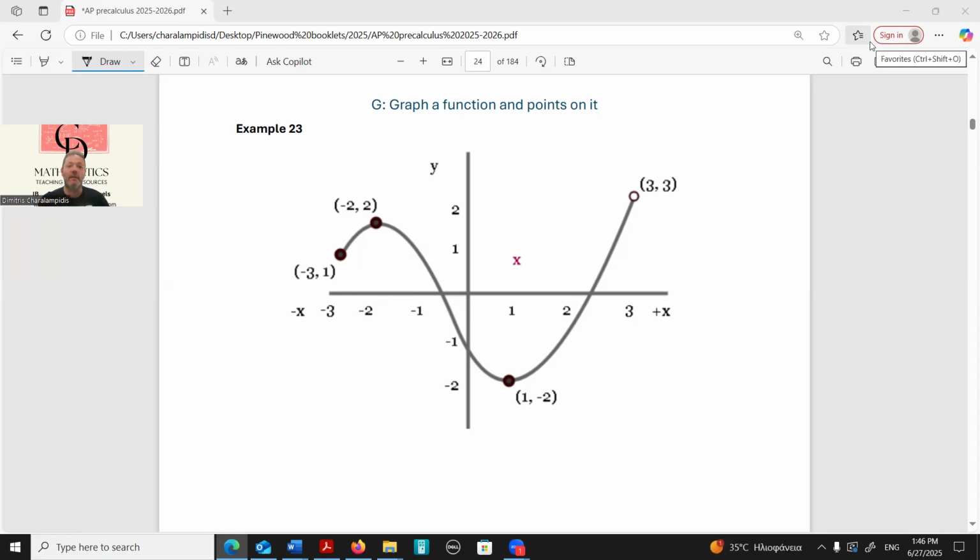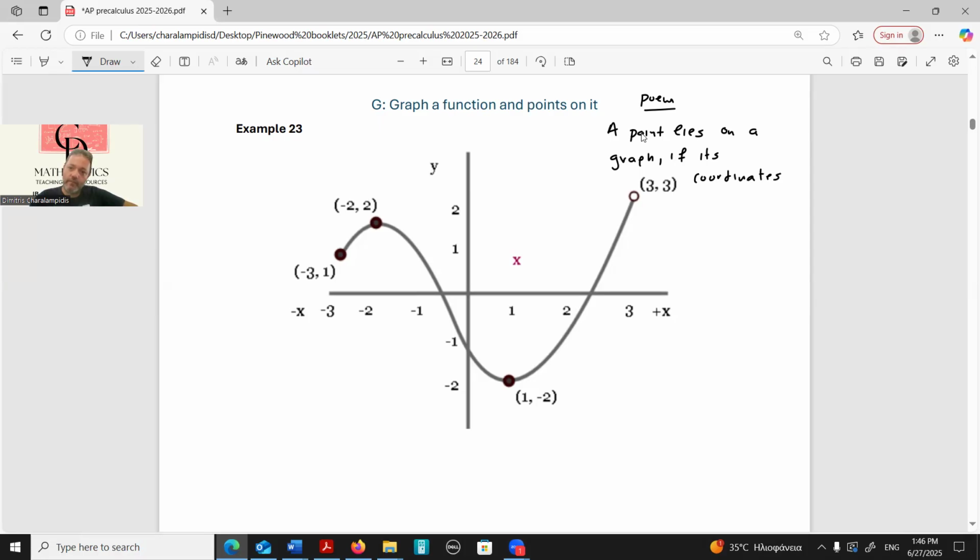Graph of a function and points on it. Here, I have what I used to call a poem. A point lies on a graph if its coordinates satisfy that graph's function notation.